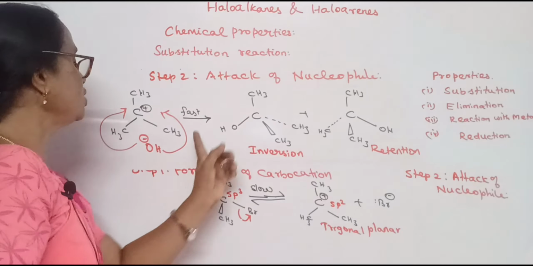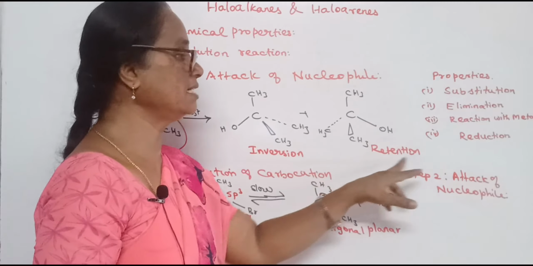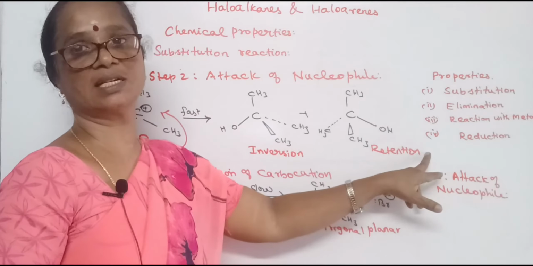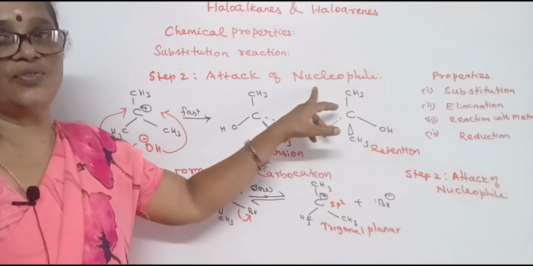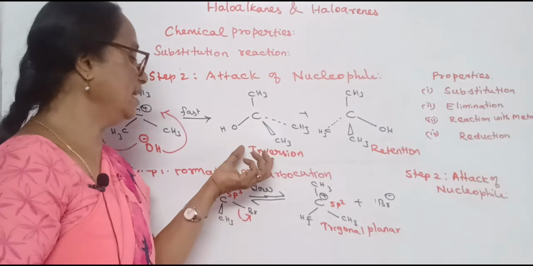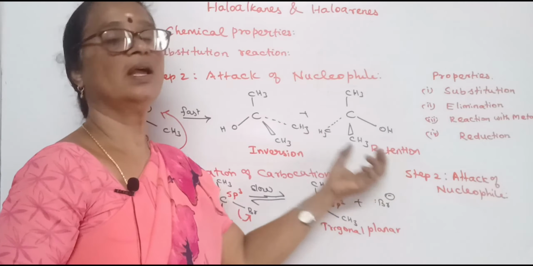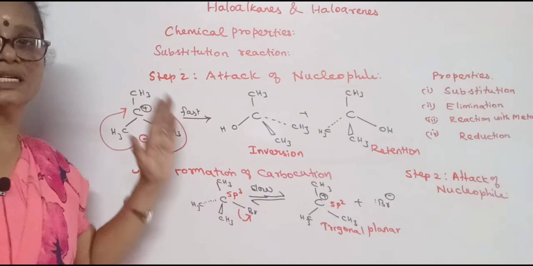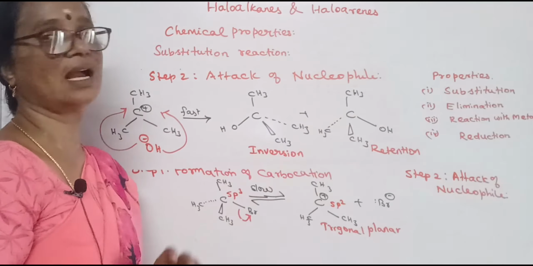Suppose OH goes to the side towards the halogen, it retains its configuration. So as a result of attack of the nucleophile on the carbocation, it may give rise to the inverted product as well as the retention product.